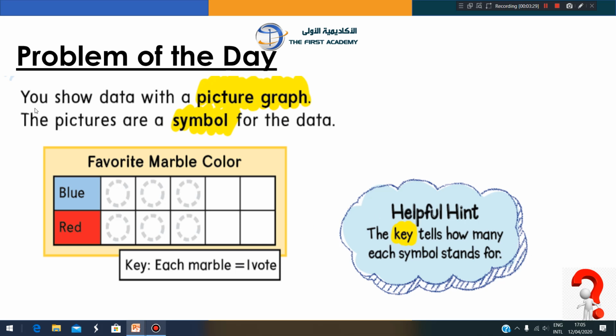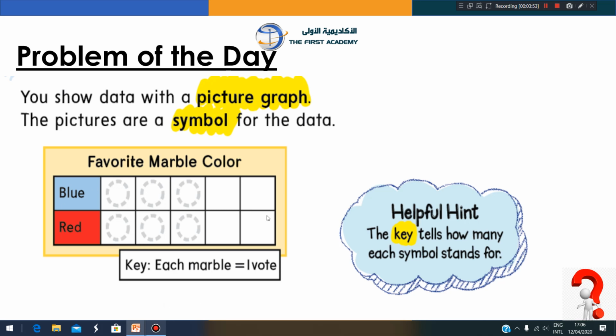So you show data with a picture graph. The pictures are a symbol for the data. Here, you can use anything as a symbol. It could be a circle, a star, a heart, anything you want. You use it as a symbol so that we can show the data in the picture graph.